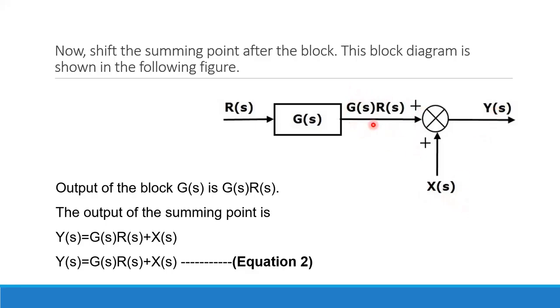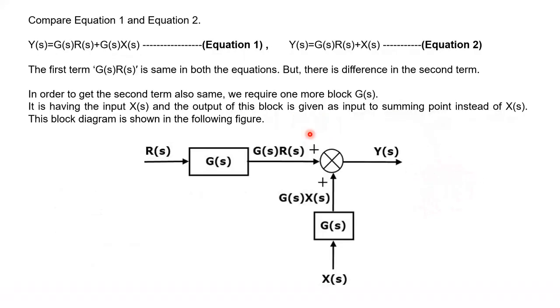Now this G of S and R of S cannot be changed because it is the output of the block and it is dependent on R of S, so you have to make changes elsewhere. Also, G of S and R of S is a common term in both the equations, so you do not need to change this side, but you will need to change the other side. Now in order to get the second term also the same, we require one more G of S here.